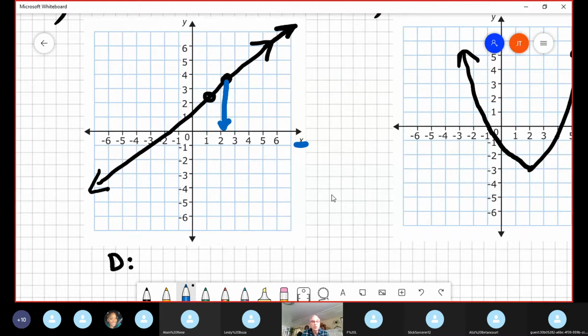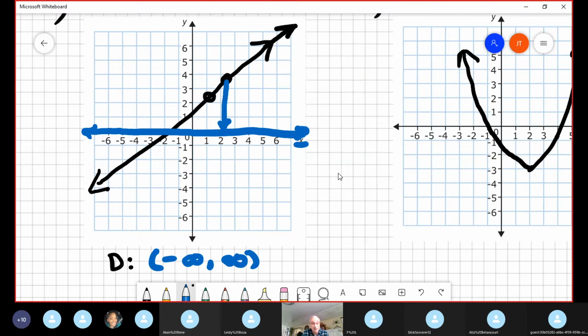With infinitely many points projecting, I can see clearly that the domain is the entire x-axis. The domain is from negative infinity, comma, positive infinity.